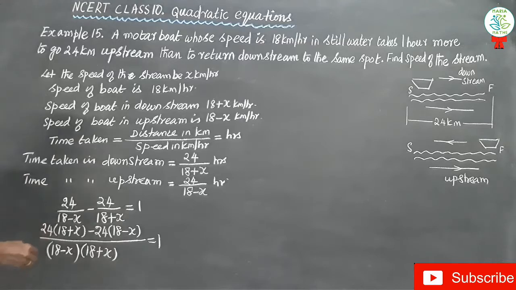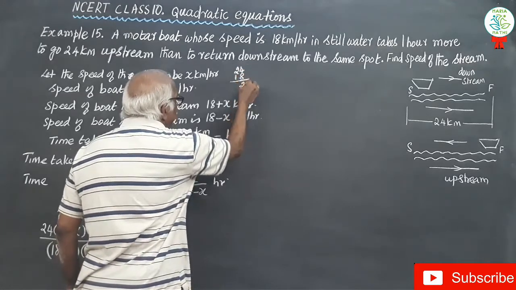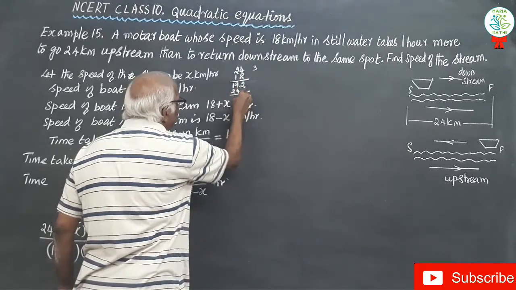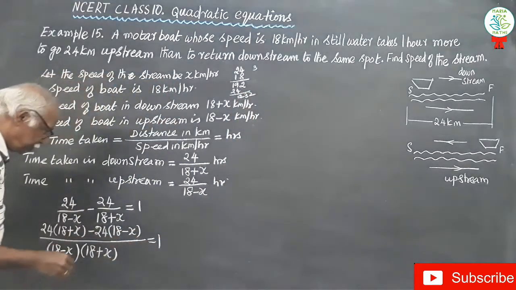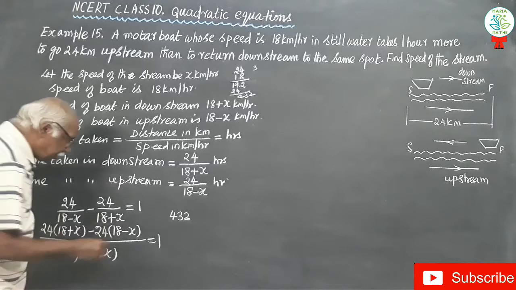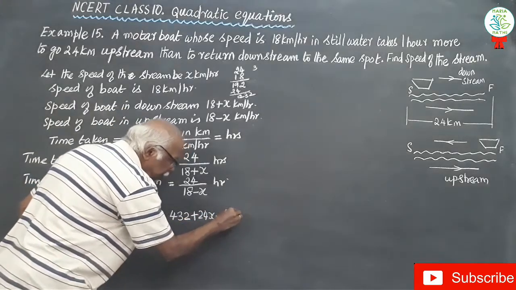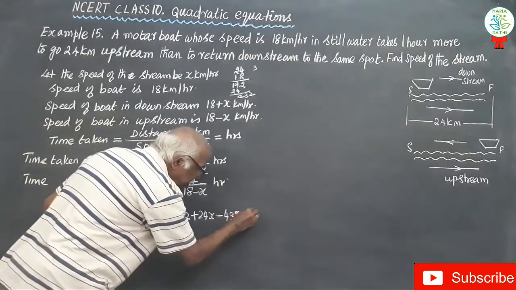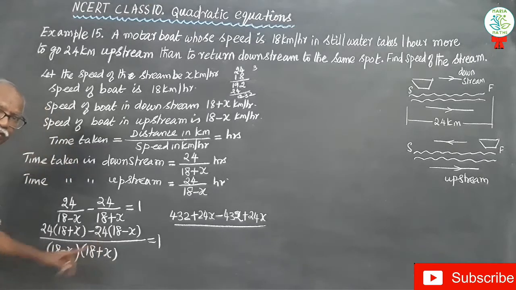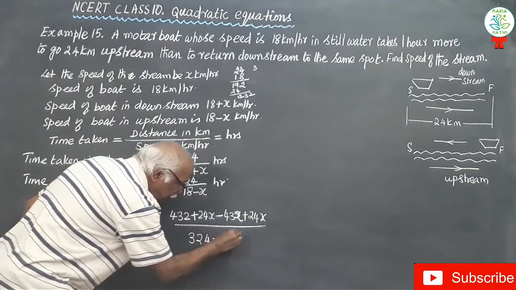Now 24 into 18 is 432. So 432 plus 24x minus 432 plus 24x, divided by 18 minus x into 18 plus x. (a minus b)(a plus b) is a square minus b square. 18 square is 324 minus x square, equal to 1.